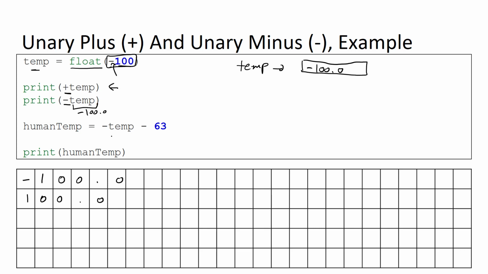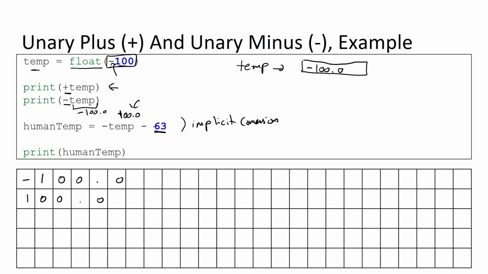And then we have this expression over here. Minus temp is 100.0, and from 100.0 we subtract 63. Now remember, Python will apply implicit conversion here because you have a float to one side.